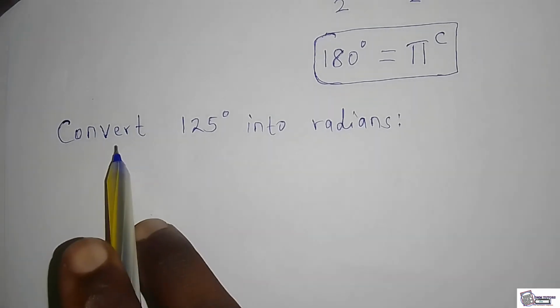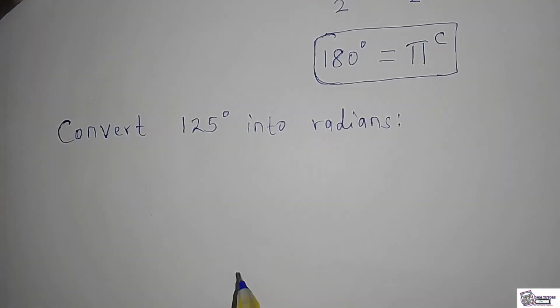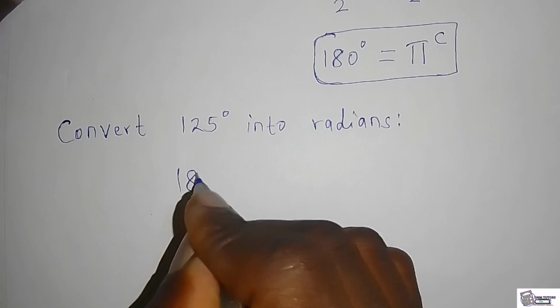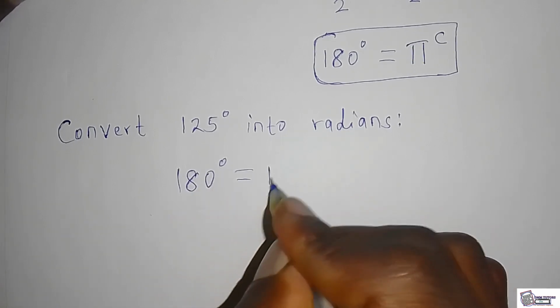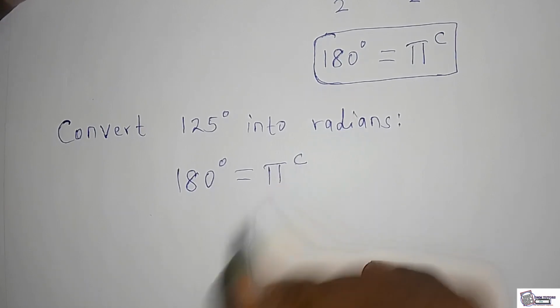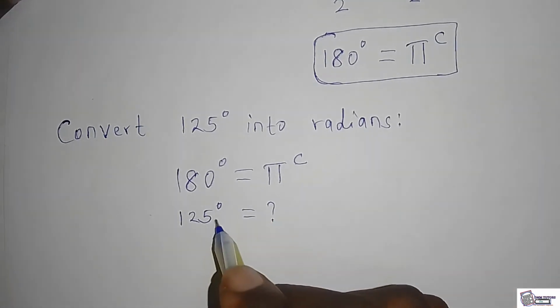So you need to convert 125 degrees into radians. So first of all, you write if 180 degrees equals pi radians, what about 125 degrees?